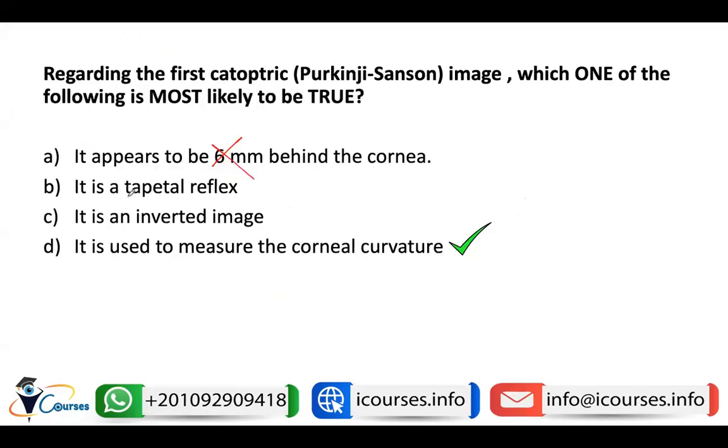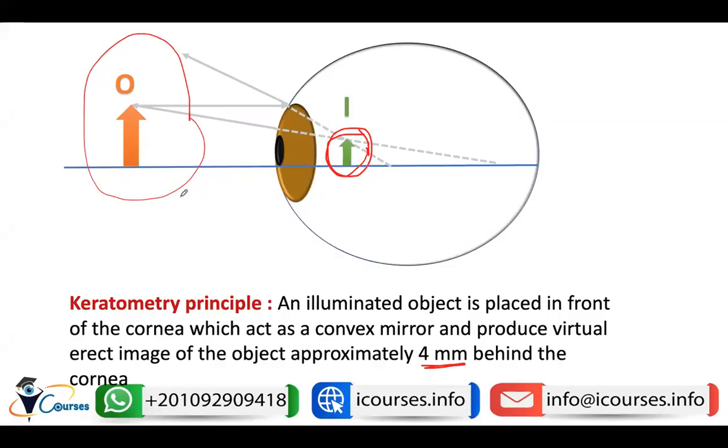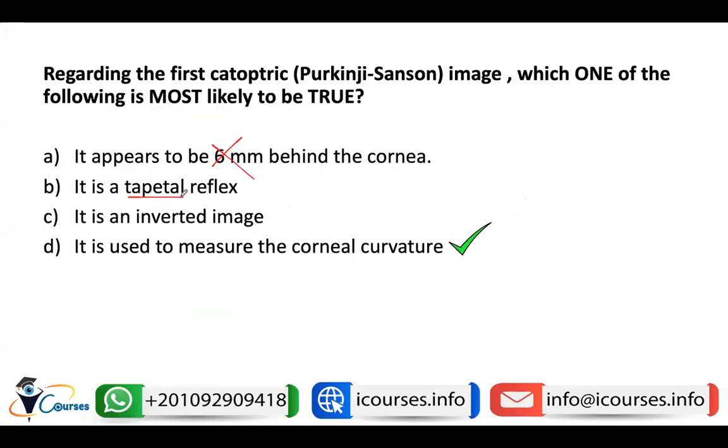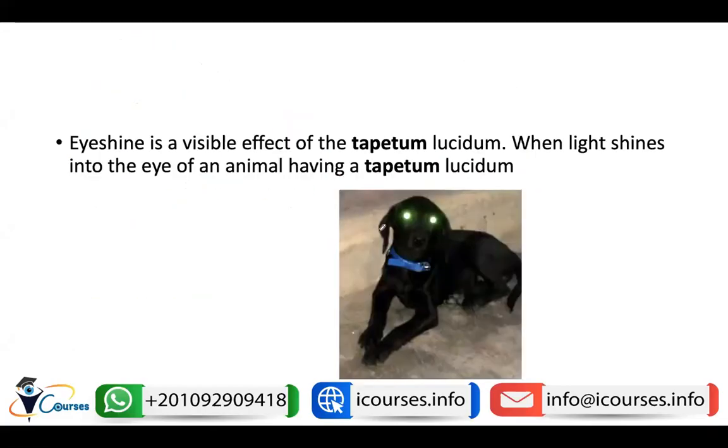It is a tapetal reflex. The tapetal reflex is formed by a layer in the retina called the tapetum lucidum, which gives this shiny appearance of the eye. But actually, it is not in humans. This is what is called the tapetal reflex.